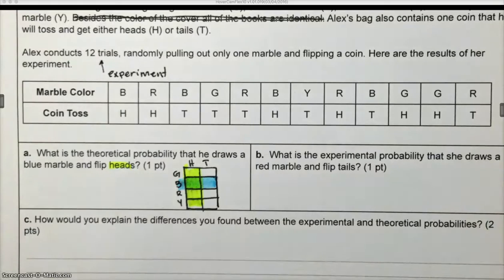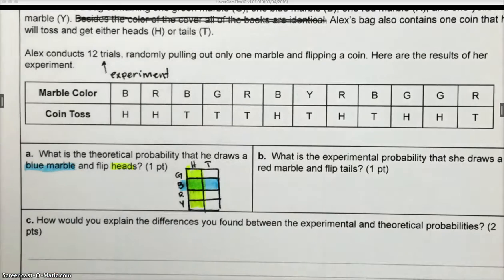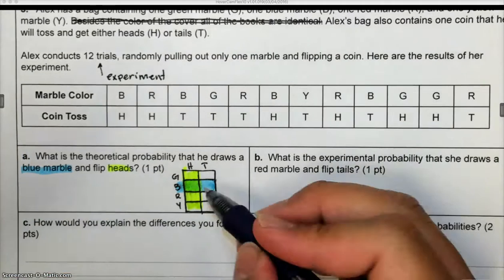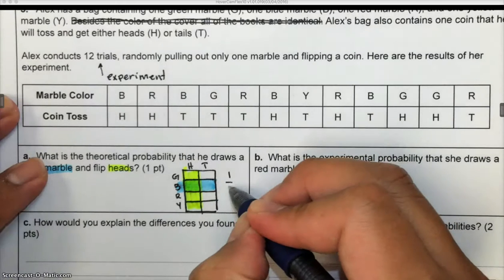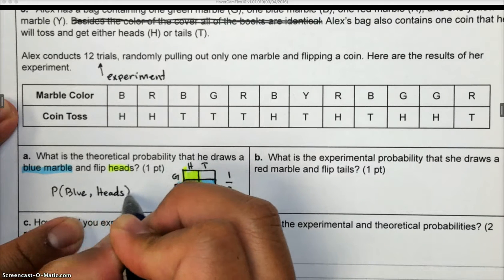Well, blue and yellow make green, so they only overlap one time. Here's my overlap where they make green. 1 out of what looks like 8. So this is 1/8 probability. So the probability of blue and heads is equal to 1 out of 8.